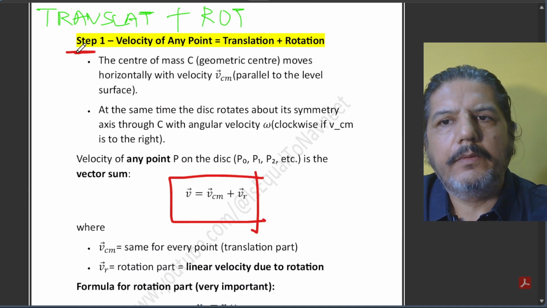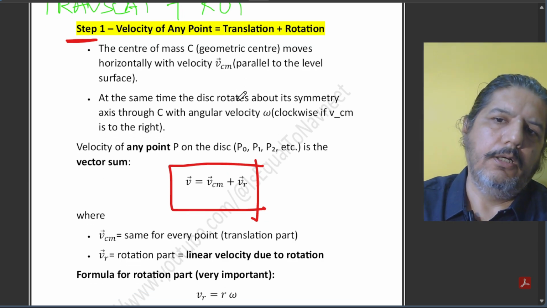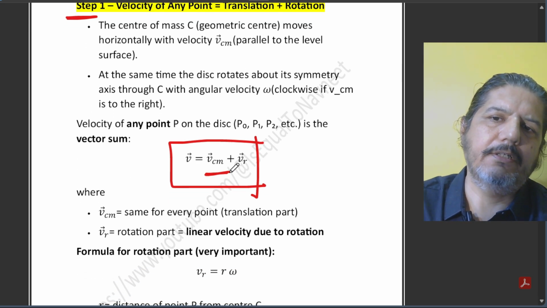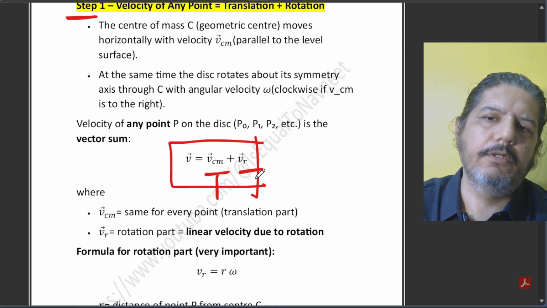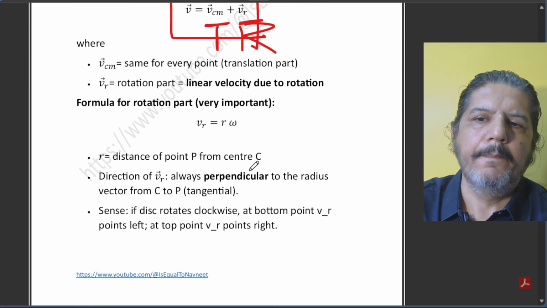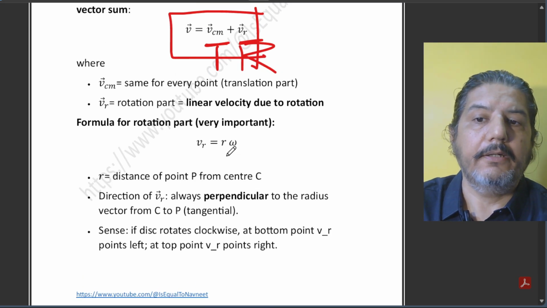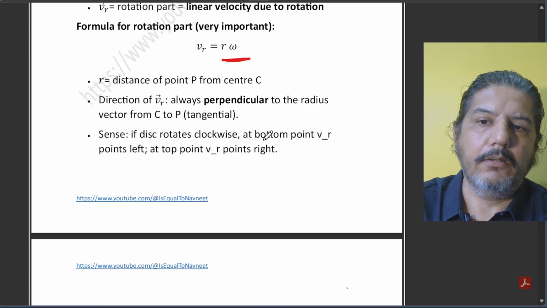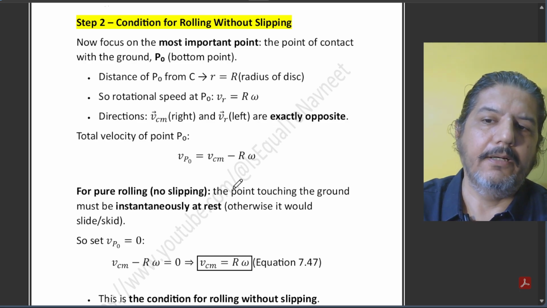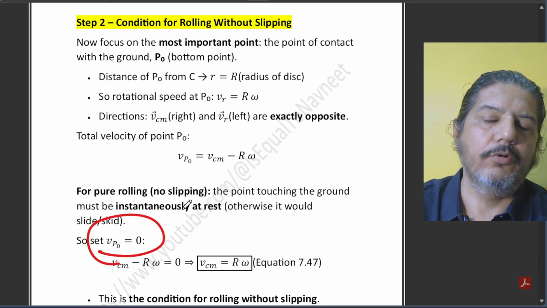Step one, the velocity at any point can be written as the sum of the translational part plus the rotational part. For the rotational part, omega r, then this is the condition for rolling without slipping. We calculated Vp naught is equal to 0.